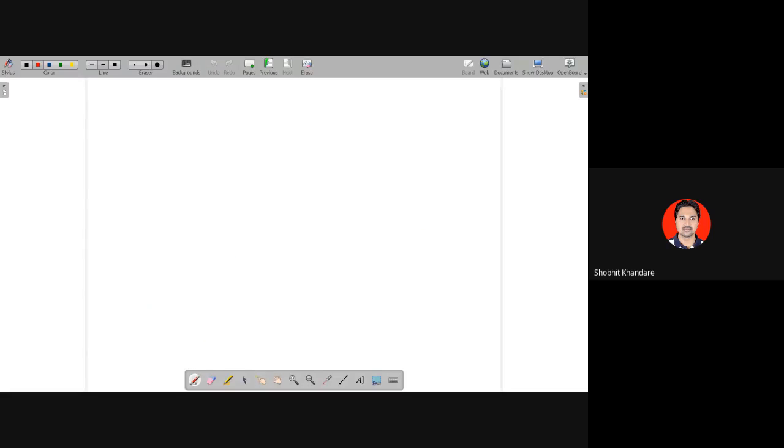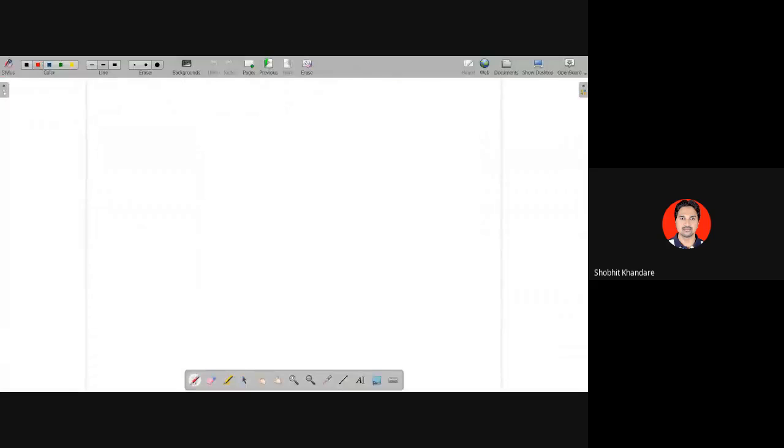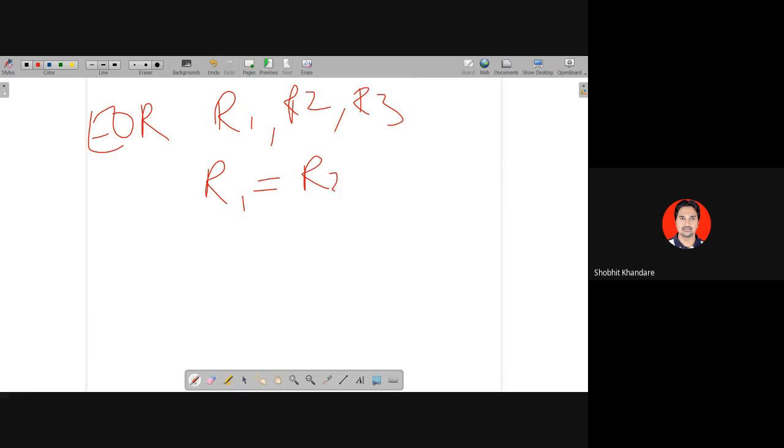So this is about the AND. Then the next one is exclusive OR, EOR. For exclusive OR we can use the same example. You can write EOR R1, R2, R3. This is simple: R1 will be stored with the exclusive OR operation between R2 and R3.